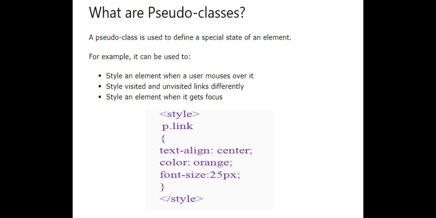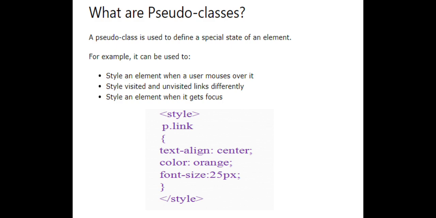When you are using link related properties, then you can use these pseudo classes. Also, you can style an element when it gets focus, meaning when you are focusing on one particular text or element. For example, you can see we are writing the style tag, then p is a tag, then we are using the link pseudo class. Here link is a pseudo class, and p is a selector.